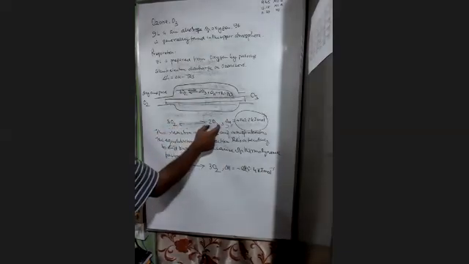What is the second factor? It is the entropy. 3 moles of oxygen give us 2 moles of ozone. But when it breaks, 2 moles of ozone give us 3 moles. As the number of oxygen molecules increases, entropy increases.